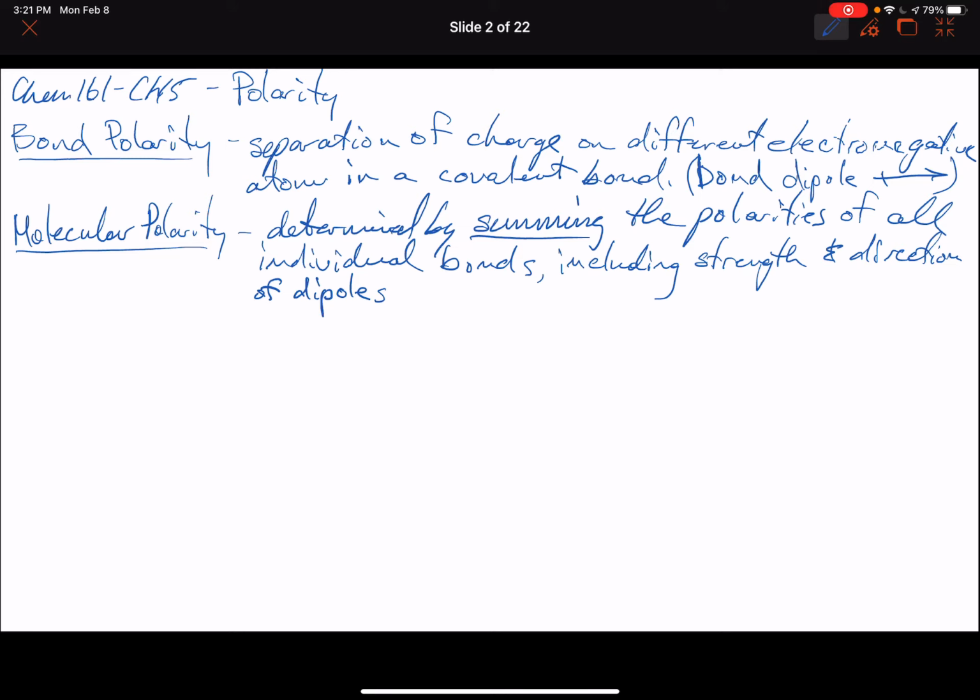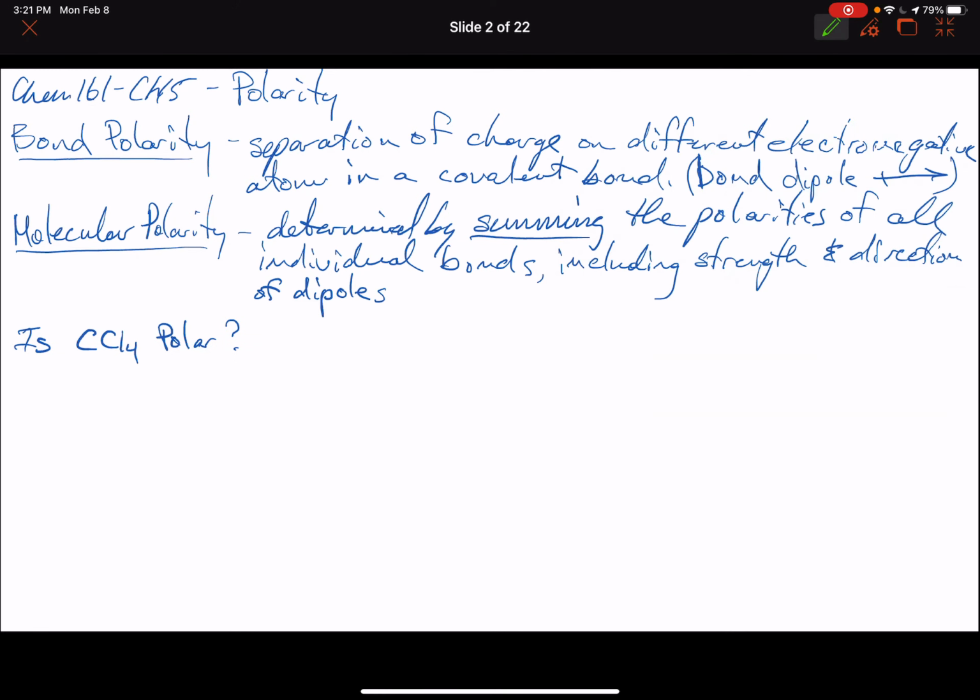We could ask the question, is CCl4 polar? Okay, so this could be a question. And our approach to answering this is to first determine the Lewis structure. Okay, so we'll put our strategy for this question over here in green maybe.